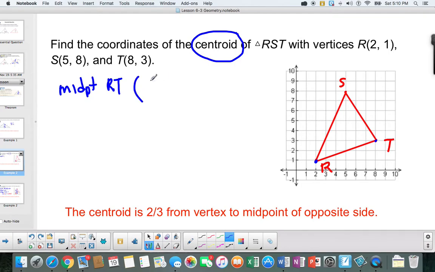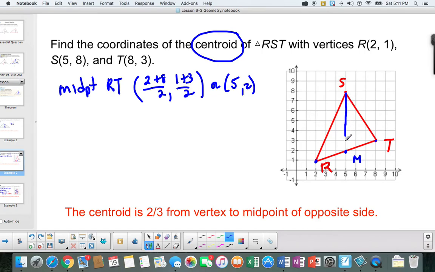And that's going to be 2 plus 8 over 2 and 1 plus 3 over 2. So that's going to be 5, 2. 5, 2 is right here. Here's our midpoint. Now we're going to create the median, which is going to be just a line going straight down. And we want to find the centroid, we'll call it P, and it's going to be 2/3 of the way down.